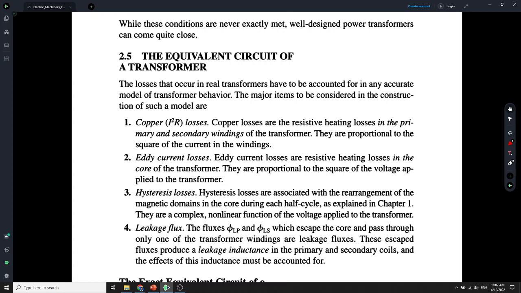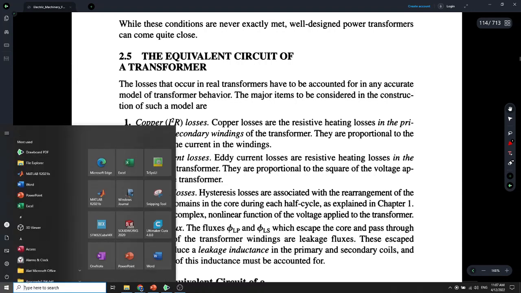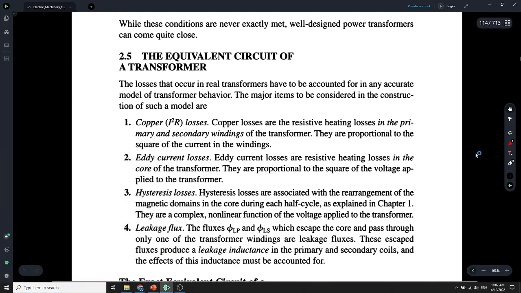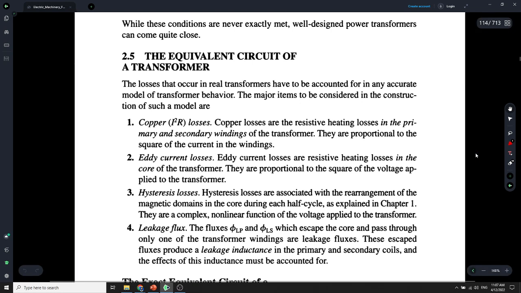We know that the copper losses are basically only based on the resistor, and it converts to heat, where the loss is power P equal to I squared R. So this must be one of the elements inside the transformer.